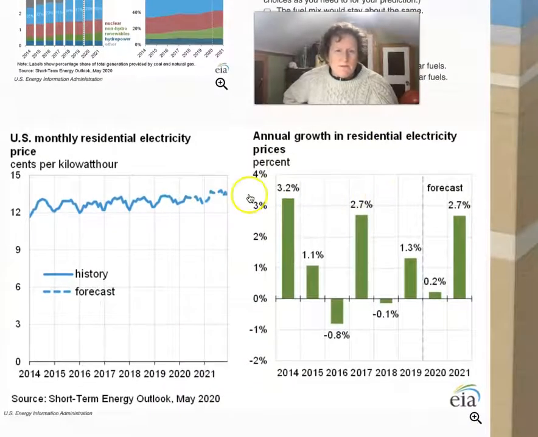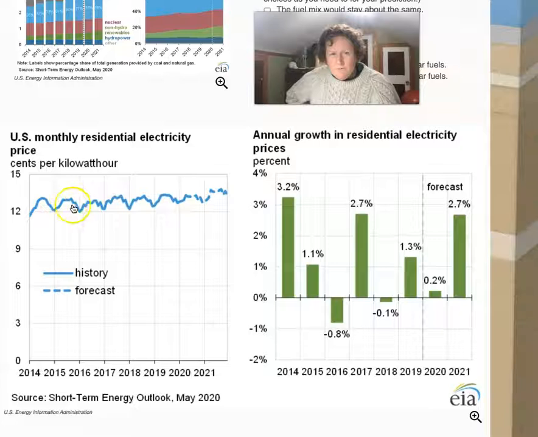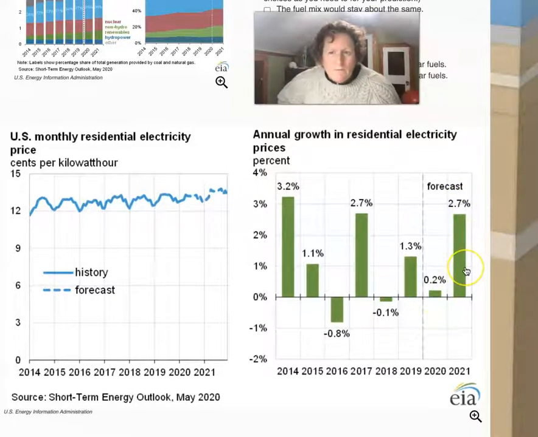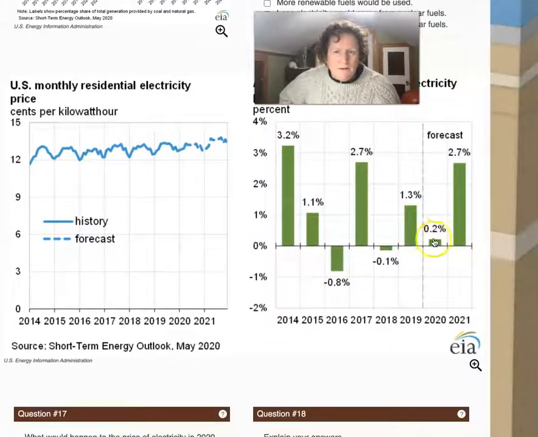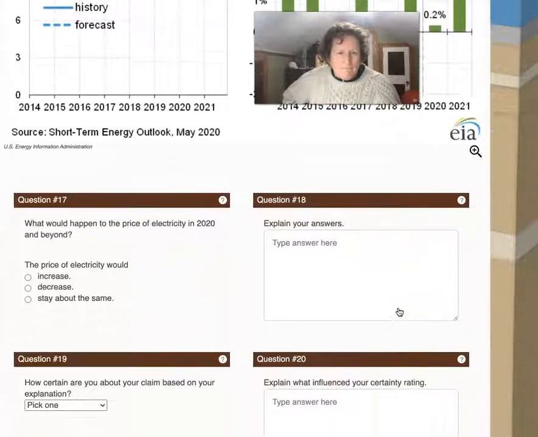Let's look at these graphs. If we drew a line through the trend here and the forecast, you'd probably see a slight upward trend. And we see that as well in the bar graph, 2020 and 2021. We're seeing a lot of forecast increase for the amount of electricity needed.